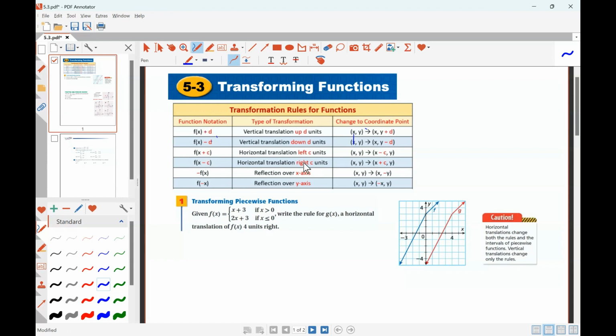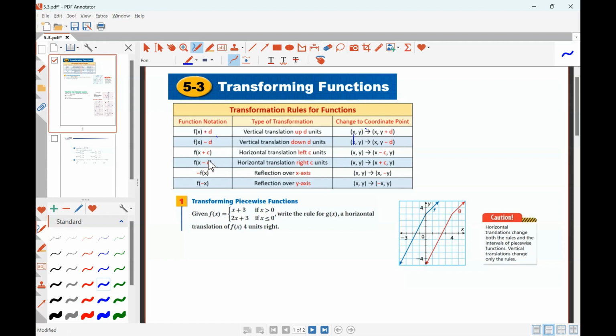On the other hand, to go to the right means you are adding the c value to the x value. Y will remain same to move a point. But to write the rule for the function, it is the opposite. We have to write x minus c. Going right means x minus c inside the bracket.